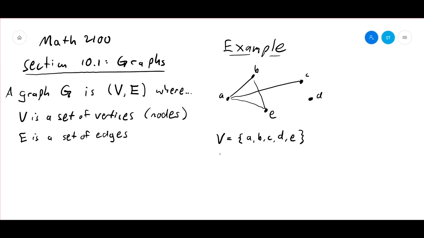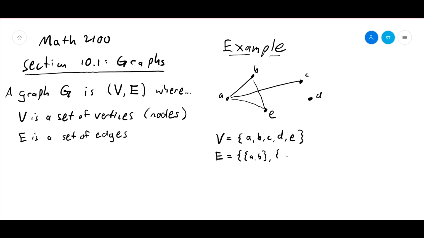It's a set. And then for my edges here, these edges are undirected, so I don't want to use ordered pairs because I want it to be unordered. So I'm just going to make little sets in here, which are pairs. Since there's an edge between A and B, I'm going to put {A, B} together in a set. That represents one of our edges.